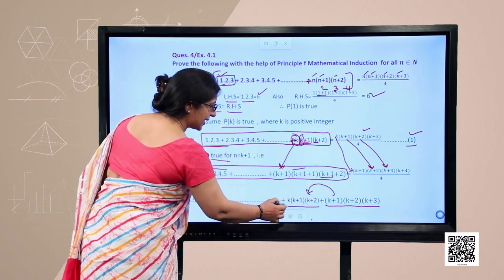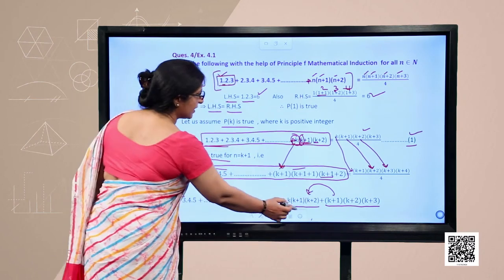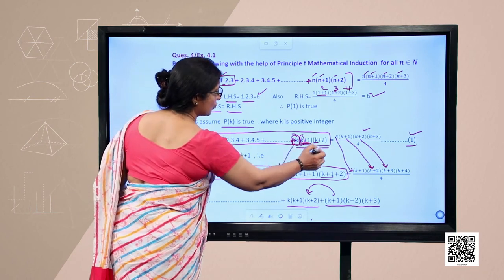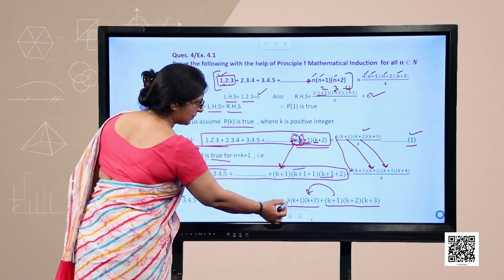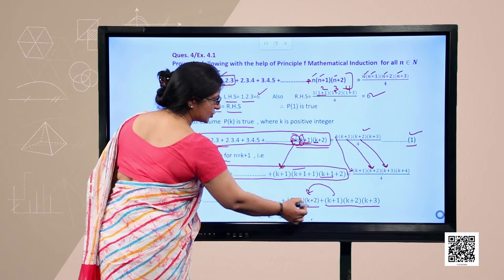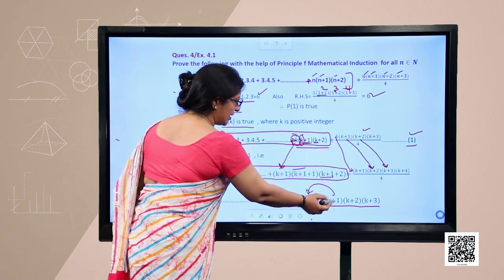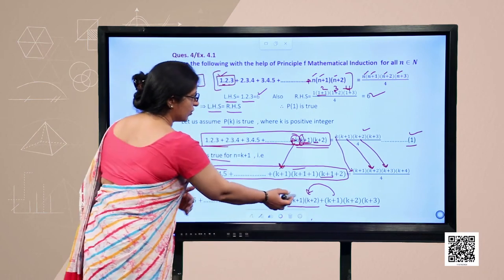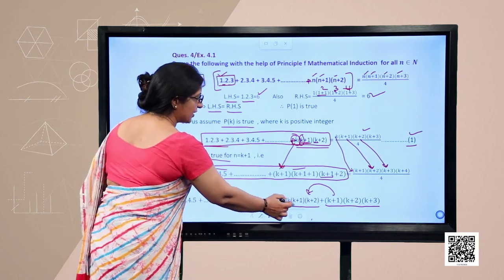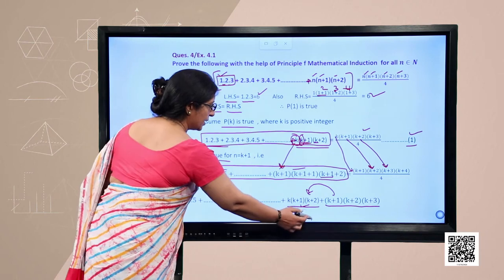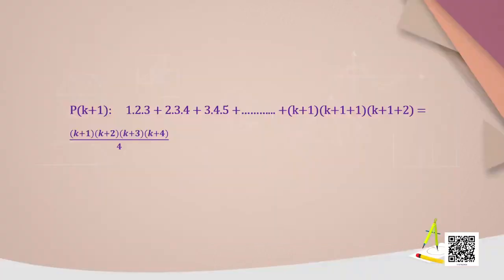That is the kth term. And the kth term from equation k, as you can see, is k into k plus 1 into k plus 2, and the next term is the k plus 1th term. We can always write the previous term and also the one before it, but here we require only this term. Now, I have rewritten the statement to be proved, which is Pk plus 1.